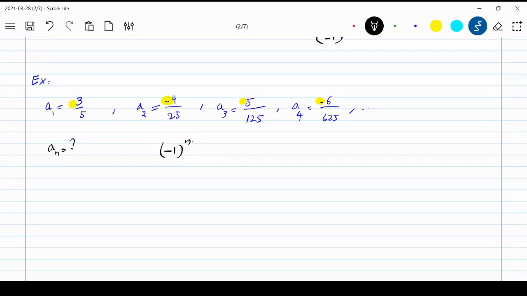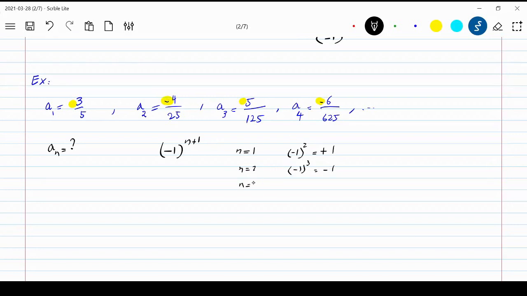So what I'm going to do is add a 1 here. Now if I let n equal 1, you get negative 1 to the power 2, which is positive 1. If I pick n equal to 2, then I get negative 1 to the power 3, which would be negative. So now the signs match up.